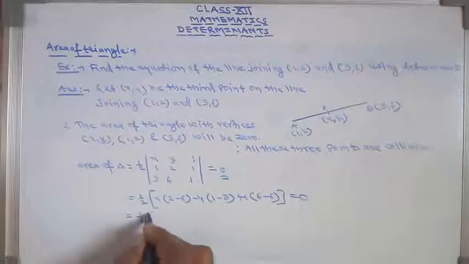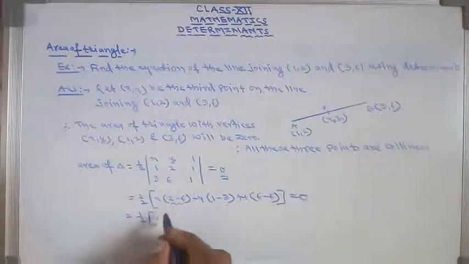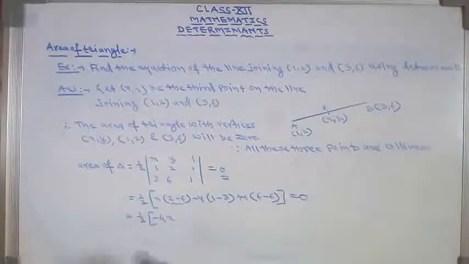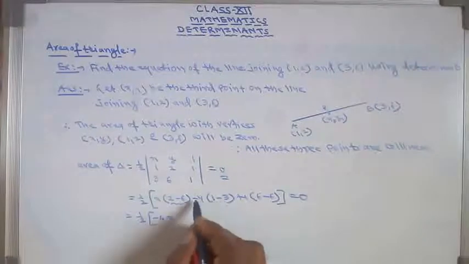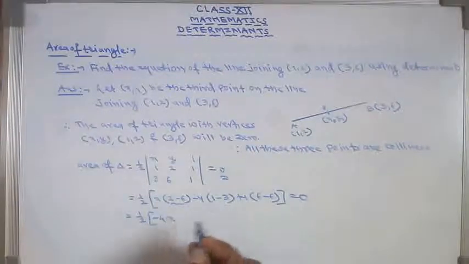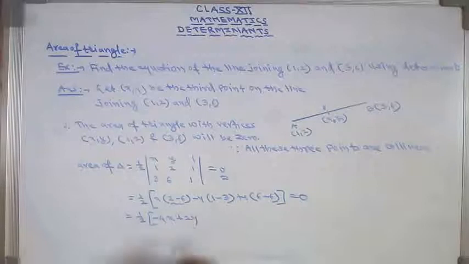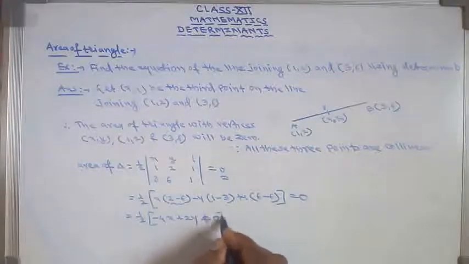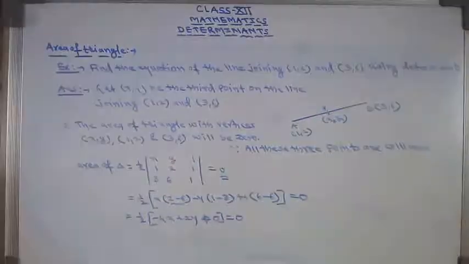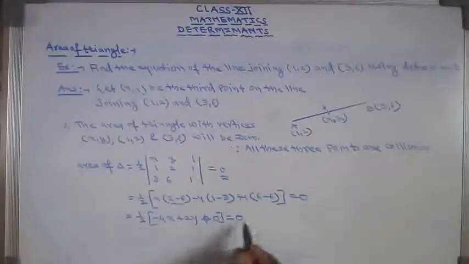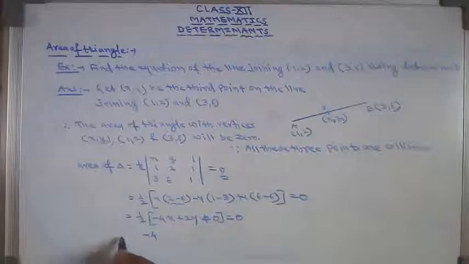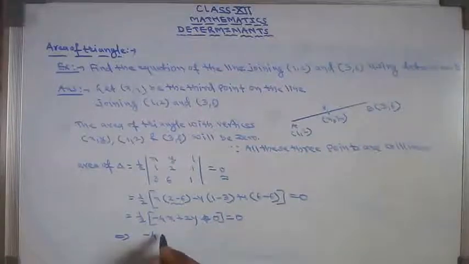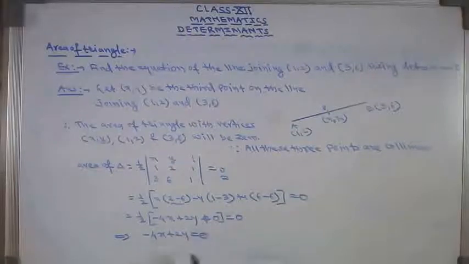So half into, this is minus 4x, then minus 2 multiplied by minus y, so plus 2y, plus 0, equals 0. Transfer to the right hand side: minus 4x plus 2y equal to 0.